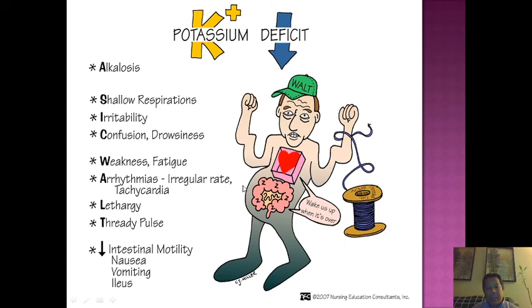I told you earlier, whether it's hypo-K or hyper-K, it can lead to irregular heart rate, tachycardia, or even cardiac dysrhythmias, V-tach, ventricular fibrillation, and even formation of premature ventricular contractions. Patient's level of consciousness will decrease as well, leading to confusion, maybe lethargic level of consciousness, steady pulse, decrease in intestinal motility, leading to maybe ileus, and of course, patient will have nausea and vomiting.